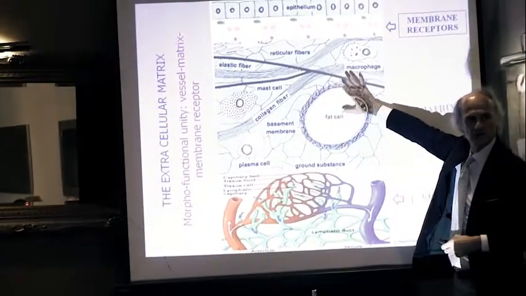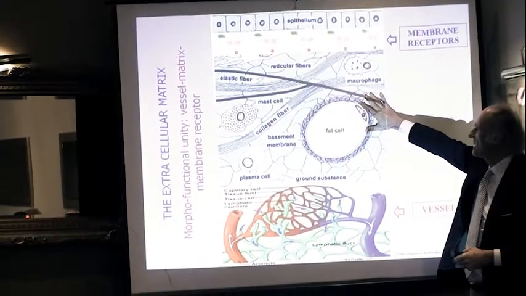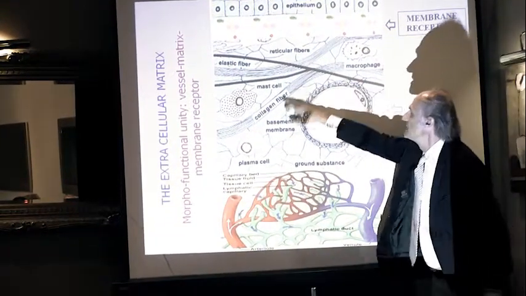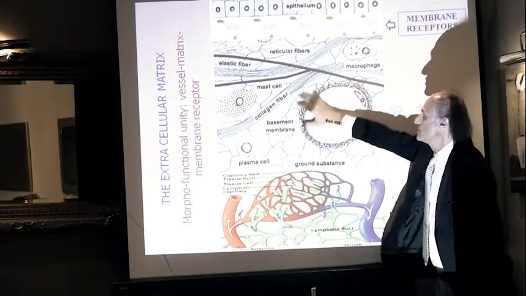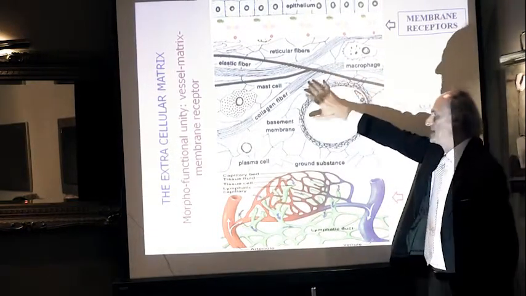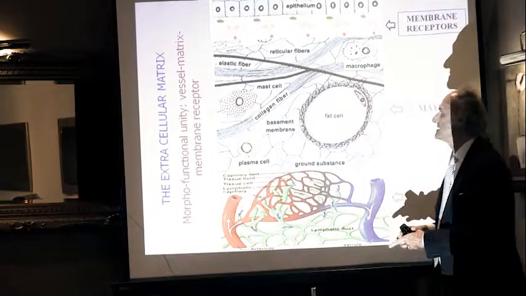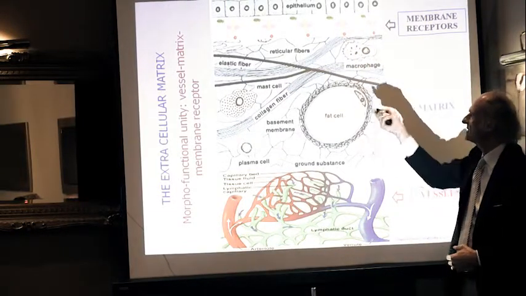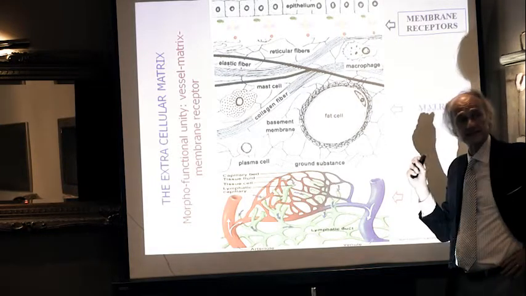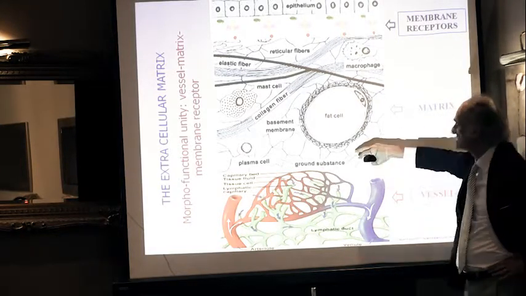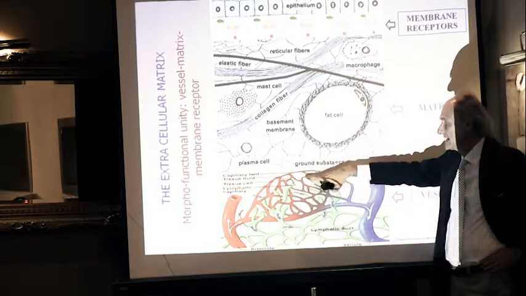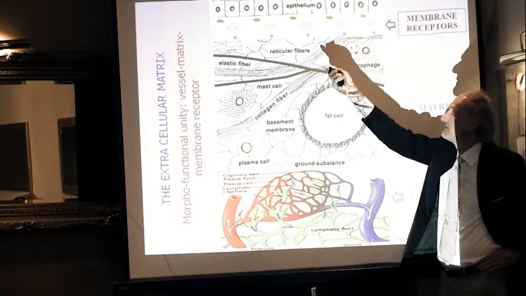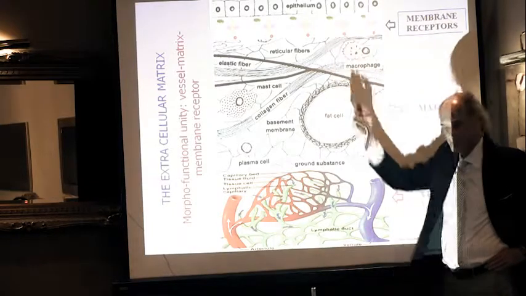Please focus on this tissue. I'm speaking about fibrillar, loose, fundamental substance. Pericellular, connective tissue, the extracellular matrix. For us, it's absolutely important because it's the space between the external environment and the internal environment, the cells.